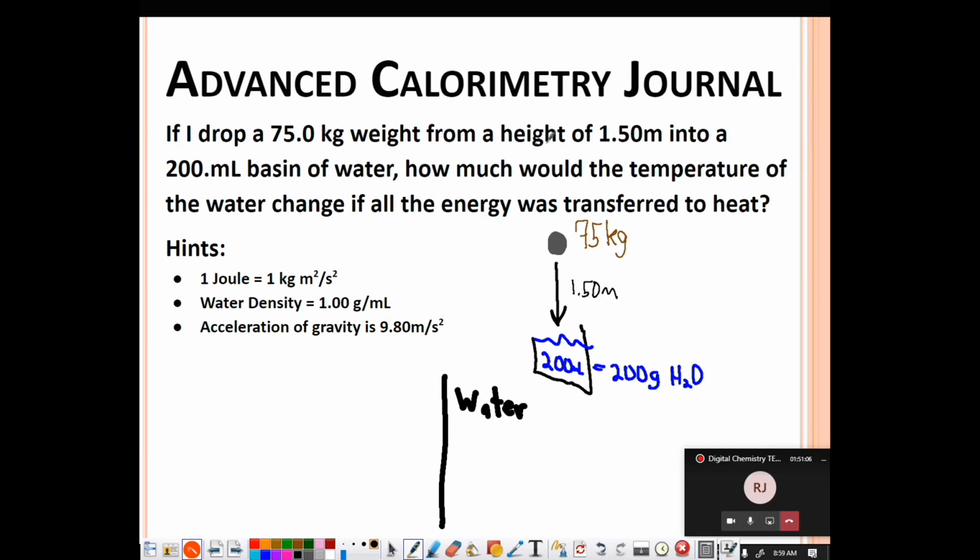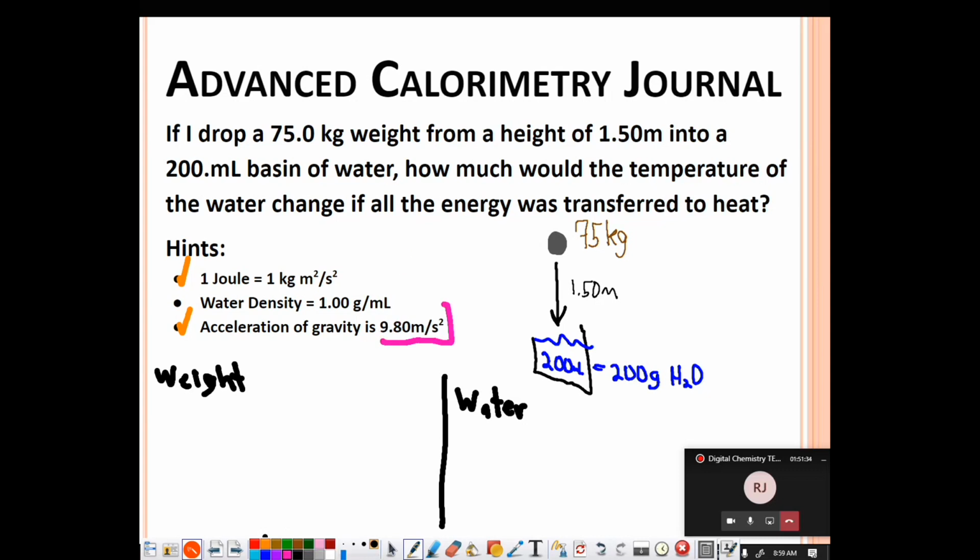Also, we have the weight, the height, and gravity right here, which will get us everything we need for the weight. So, for the weight, we need to focus on these hints. First off, the gravity.